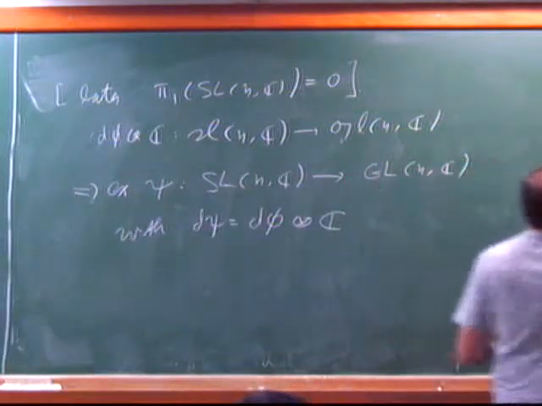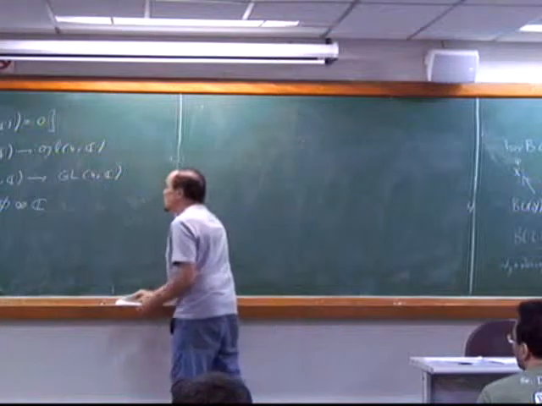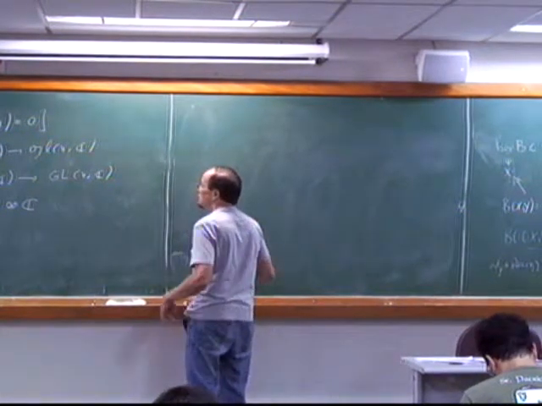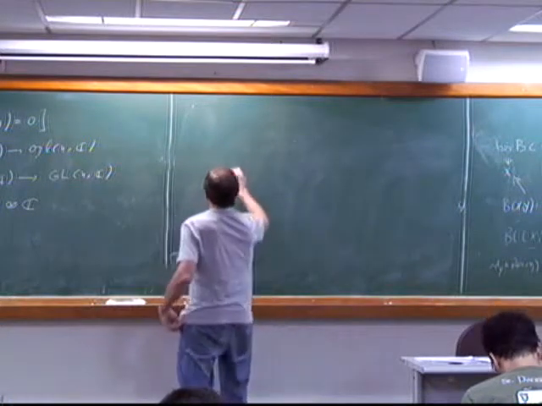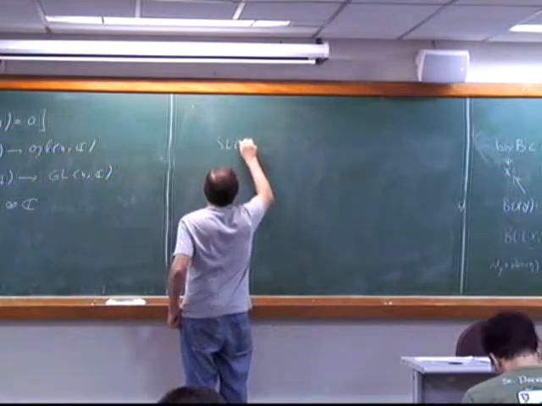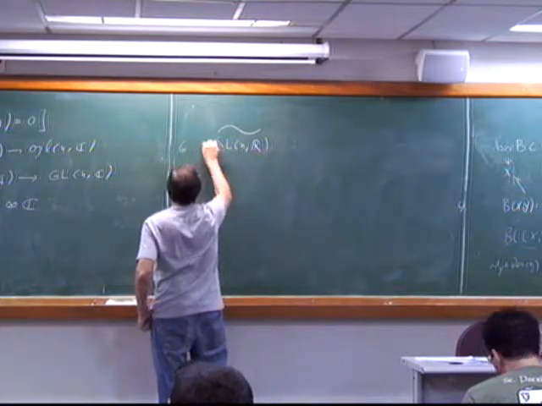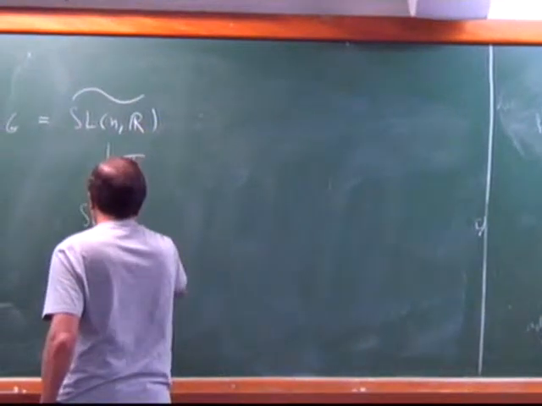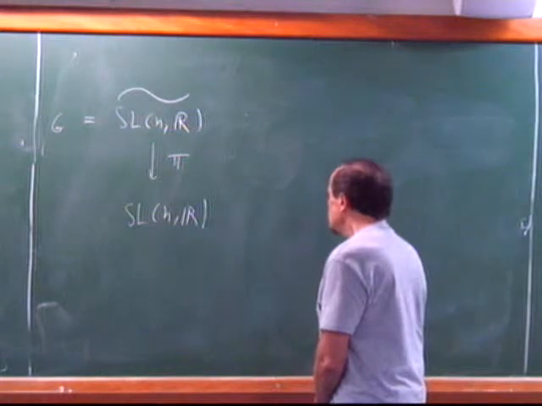Let's put this together now by drawing a diagram. I look at the universal cover of SL(n,R), that's my group G, and I look at the covering map onto SL(n,R) by definition.